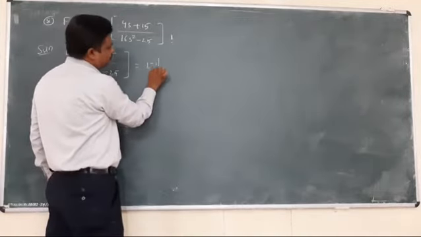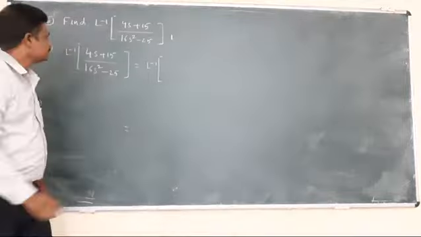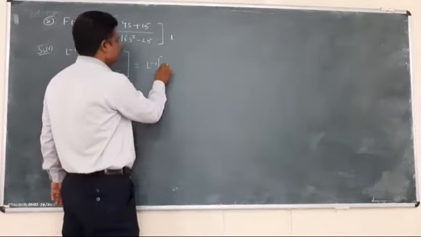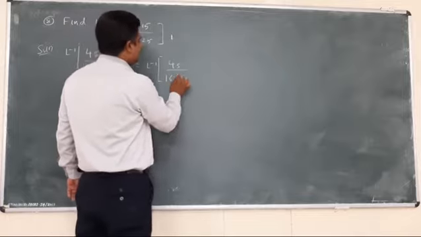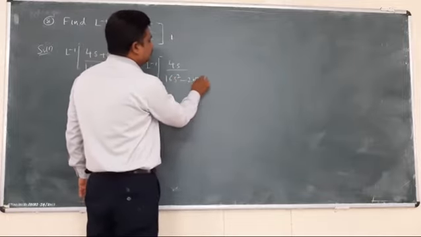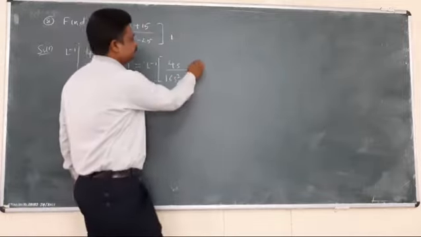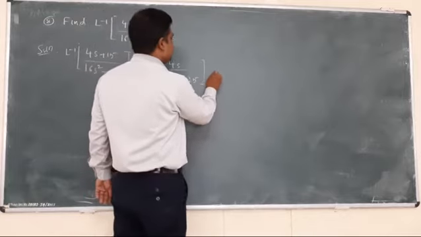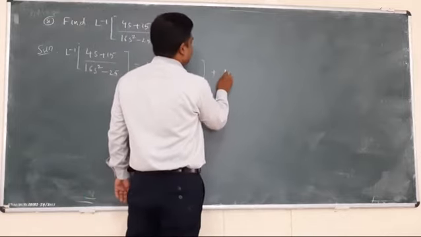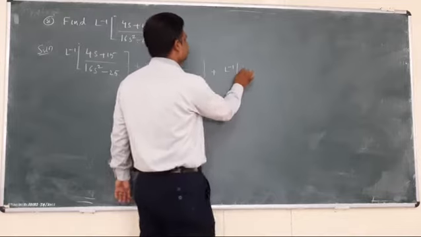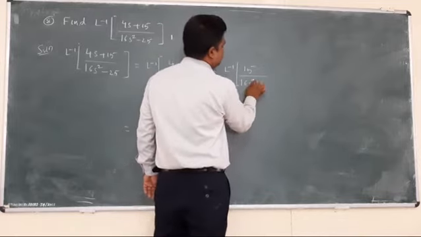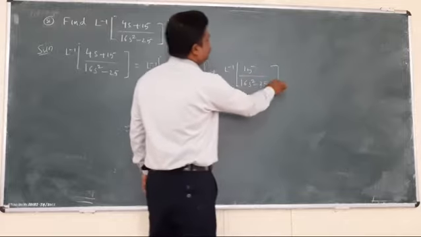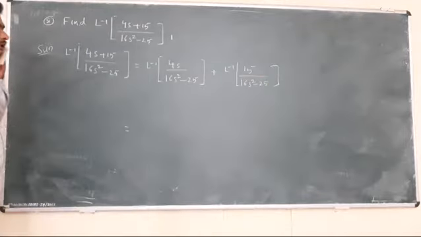L inverse of 4 into s upon (16s square minus 25), plus L inverse of 15 upon (16s square minus 25).